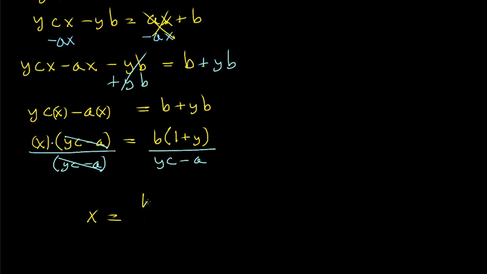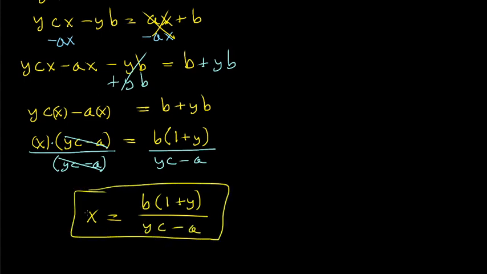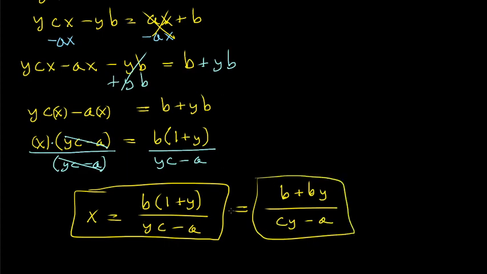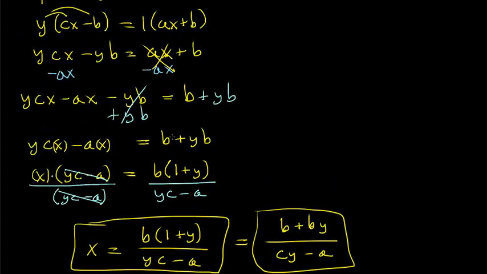X equals b times 1 plus y over yc minus a. And that's it. Again, there's a lot of ways of writing this. Right? If you didn't factor out the b in the numerator, you have b plus by over cy minus a. And again, there's a lot of other ways of writing it, but either of these are fine.